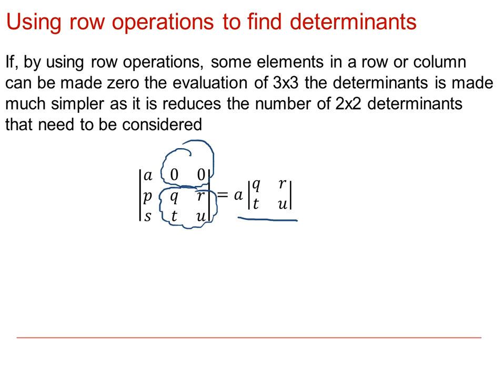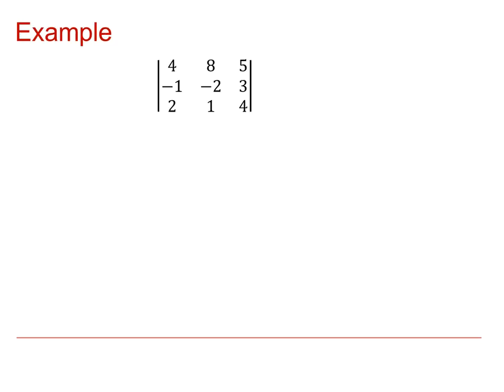So to show that in action, I've got a particular example, and here I want to consider this particular determinant. Now we could go through and take 4 multiplied by the determinant of -2, 3, 1, 4, etc. However, let's see what happens if we use some row operations.